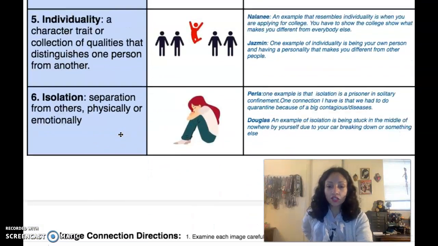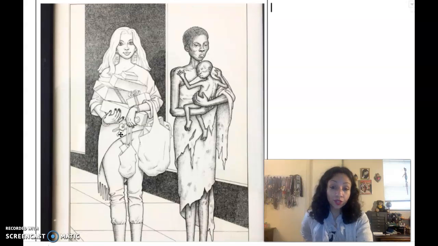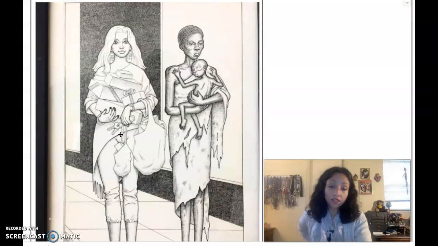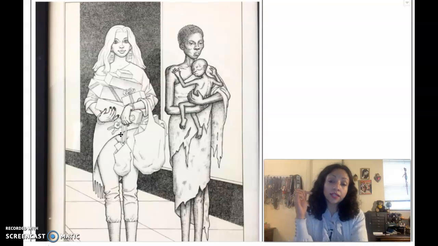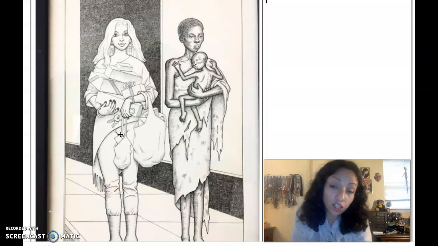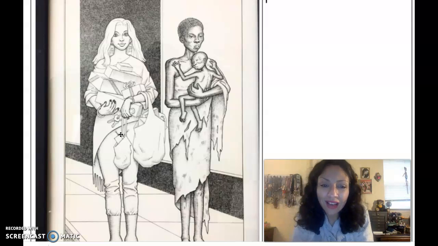Individuality and isolation. Well, I guess I could talk about those too. I think that one of the things this tells me about individuality is that if you want to have your own individual fashion, individual style, you have to have the money to pay for it.